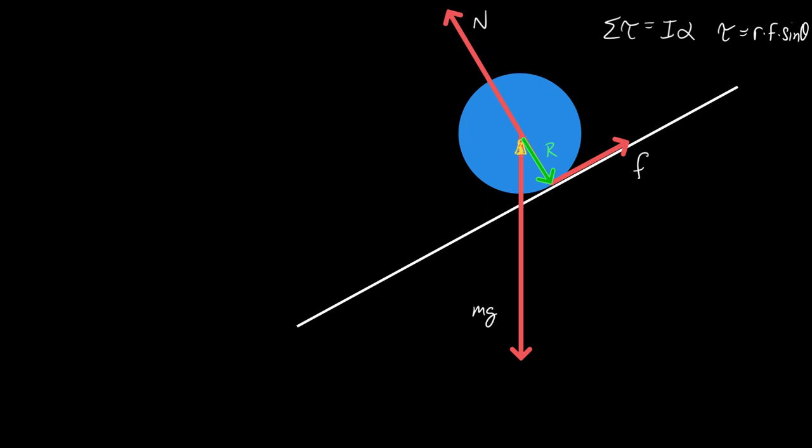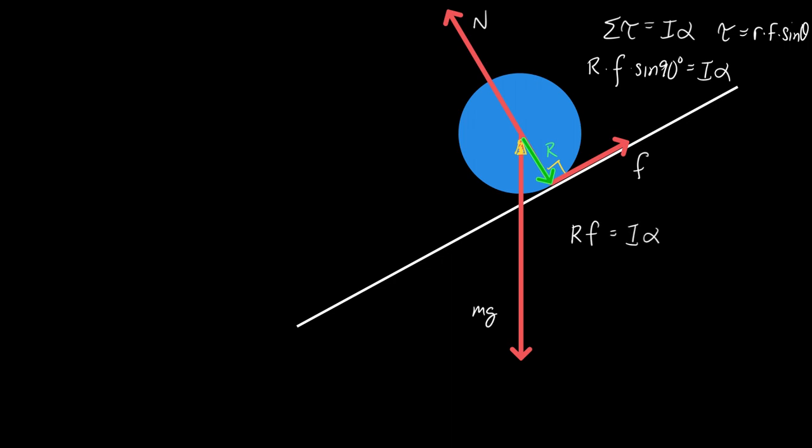I think this is a right angle here. So when I assemble the torque, I'm going to have R as my torque arm distance times lowercase f, because it's friction that is causing this torque, times the sine of 90 degrees, and that equals I alpha. So my torque equation is RF equals I alpha.